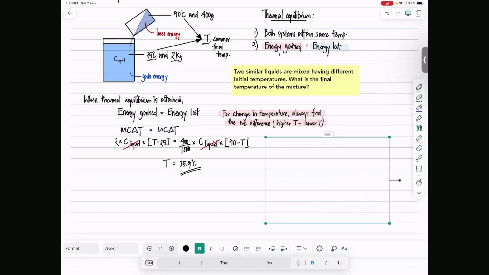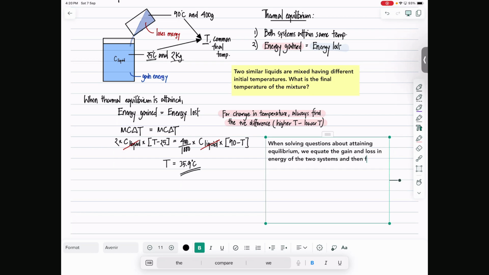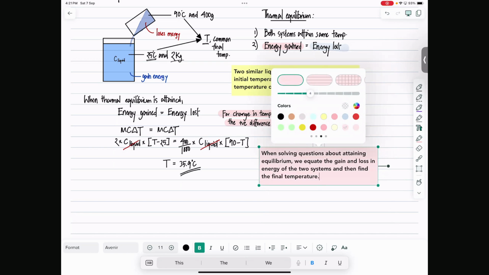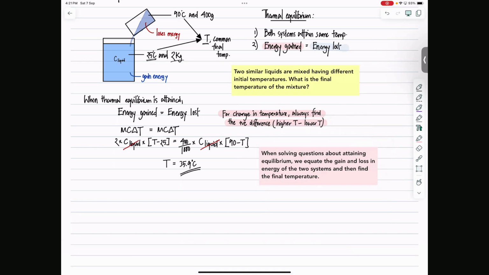So when solving questions about attaining equilibrium, we equate the gain and loss in energy of the two systems, and then find the final temperature.